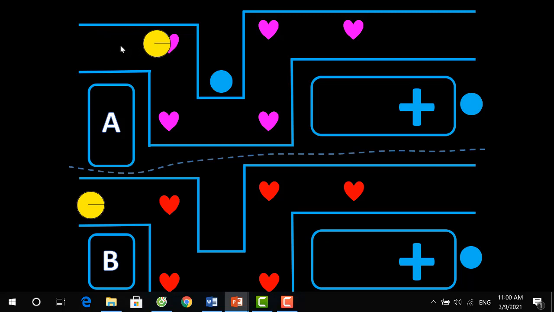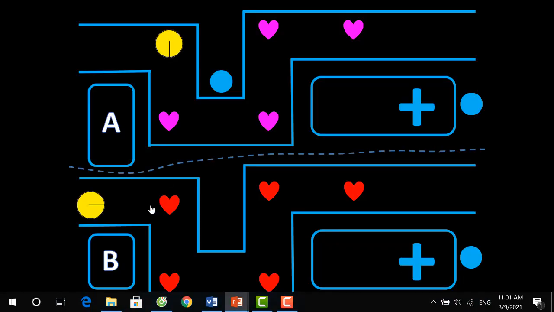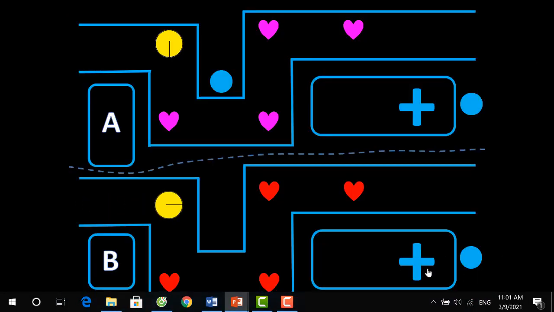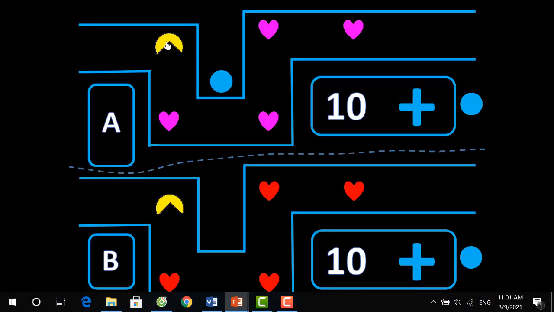So if you answer correctly, you get 1 heart. Team B also. Yes, so correct. You get 10. You get 10 also. Team A. Yeah. So you have 1 heart and you gain 20 points.